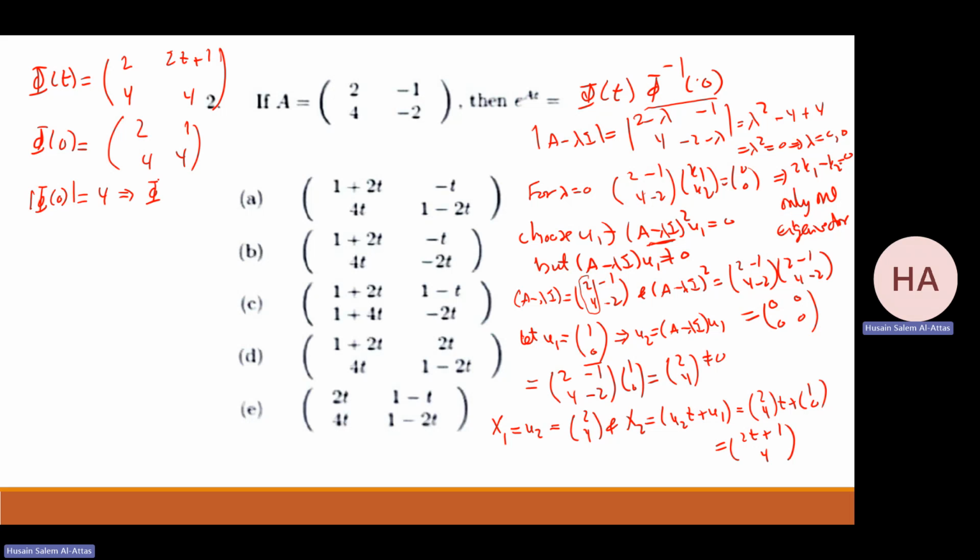So the determinant of phi at 0 will be equal to 4. So phi inverse at 0 will be 1 over 4 times 4, 2, minus 1, minus 4. Yeah, what a calculation. Okay. What is e to the power At? I hope there were no mistakes in the calculation. It will be 2, 4, 2t plus 1, 4t times this matrix.